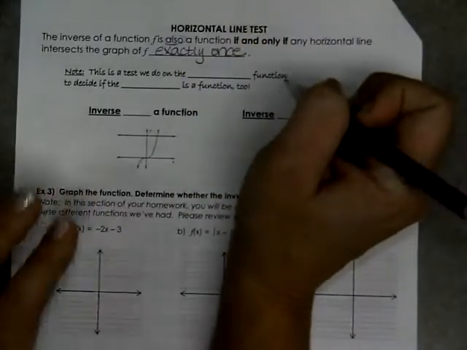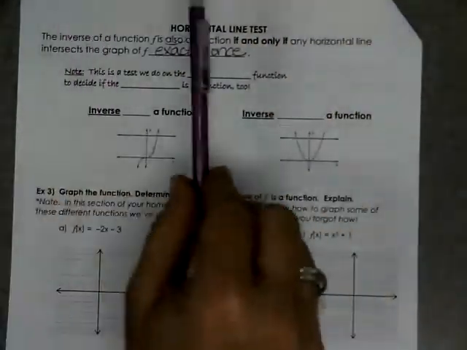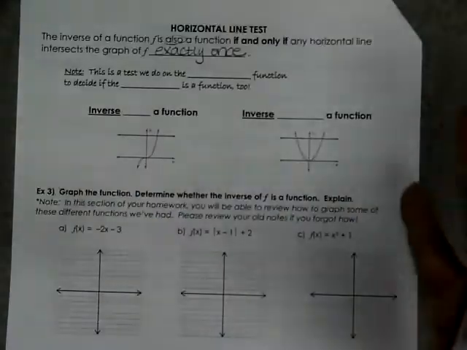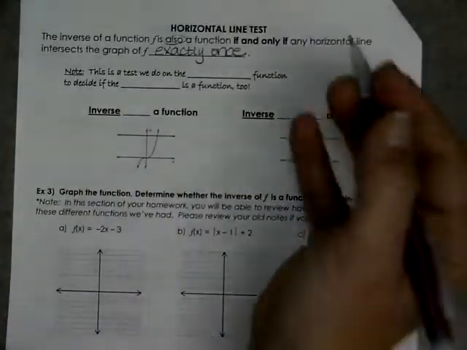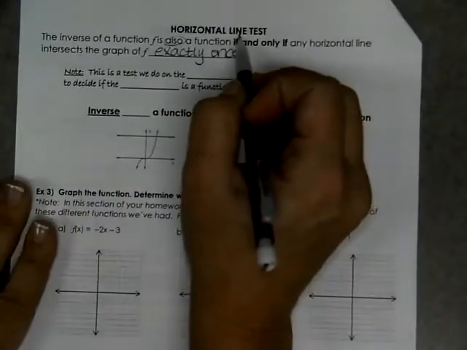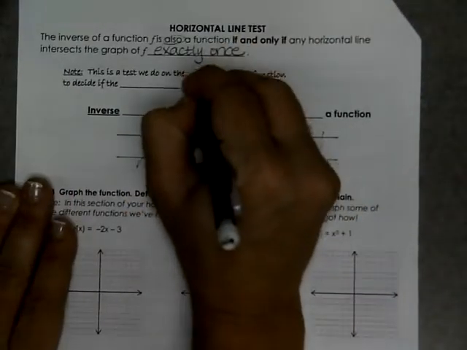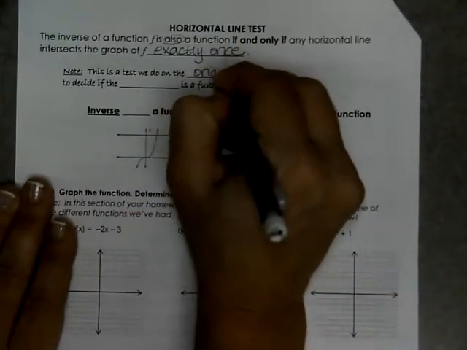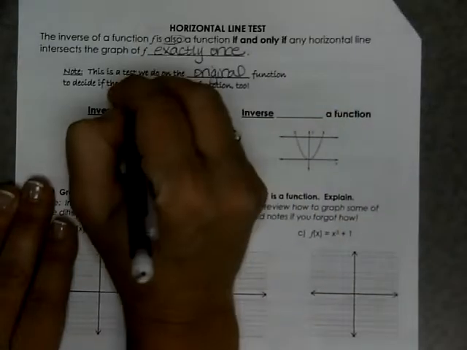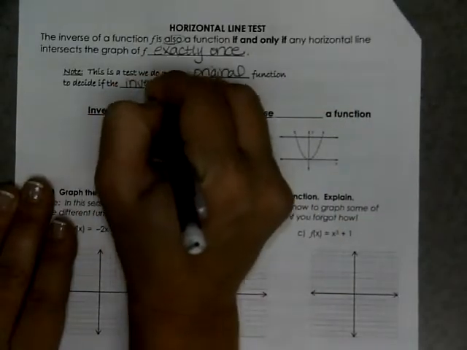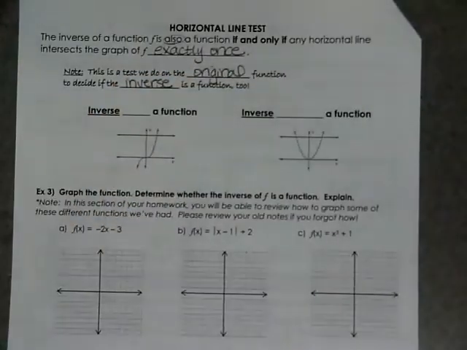So remember the vertical line test, how if like a vertical line only intersects a relation once, it's a function. This is the same type of thing with the horizontal line test. But please note, this is a test we do on the original function to decide if the inverse is a function too.